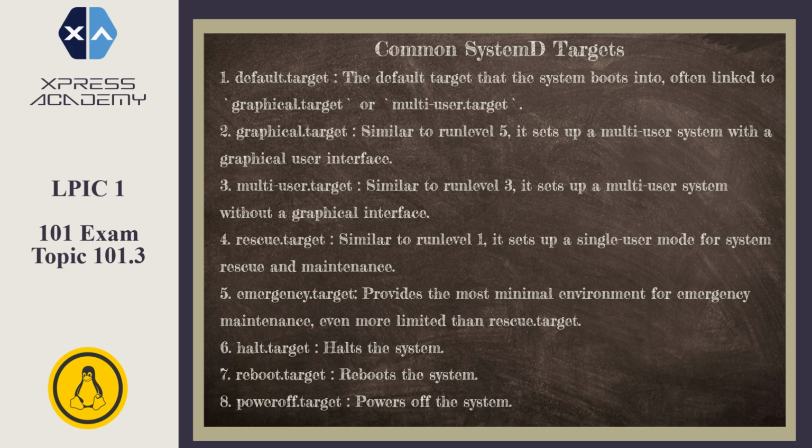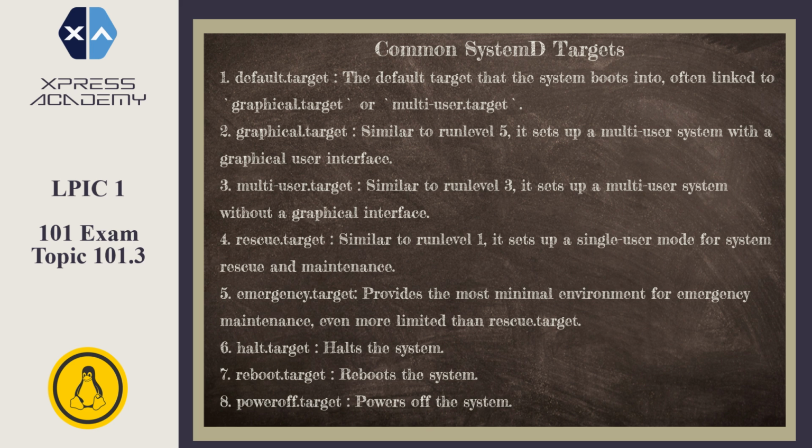In our last video, we talked about traditional sysvinit run levels, which were used to define different operating states for Linux systems. We had run level 0, which was halt, run level 1, which was single user mode, run level 3, multi-user mode without a graphical interface, run level 5, multi-user mode with a graphical interface, and run level 6, which was reboot.